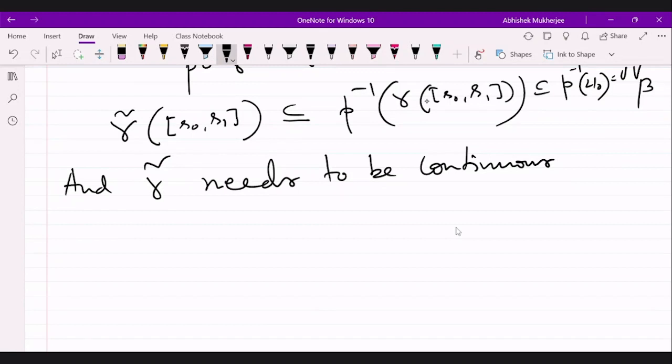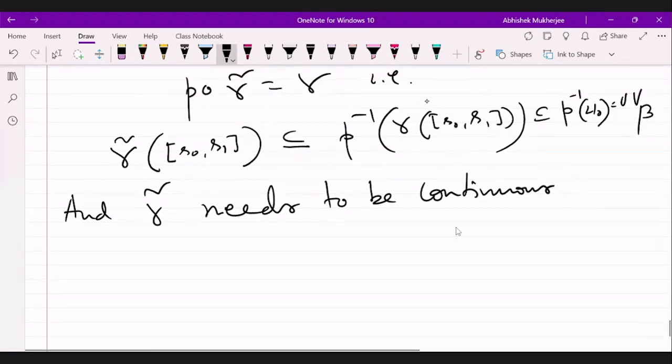So it should map a connected set to a connected set in the covering space.